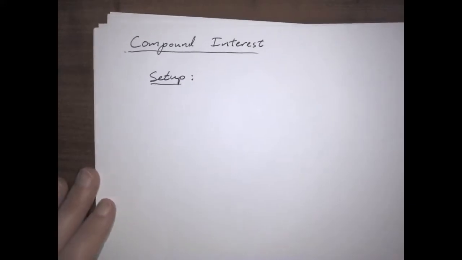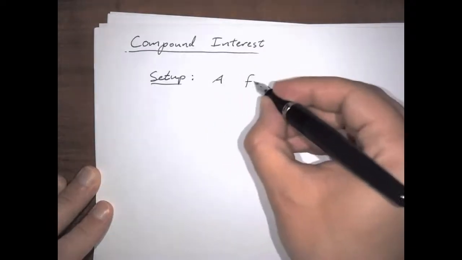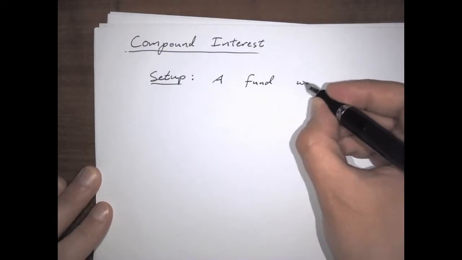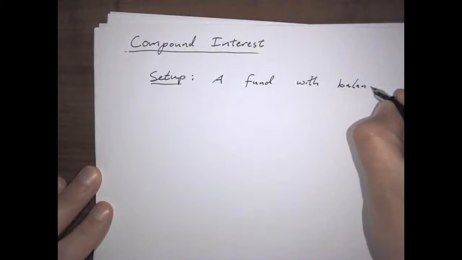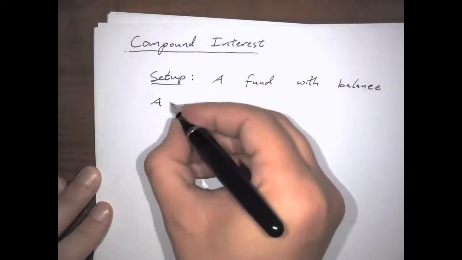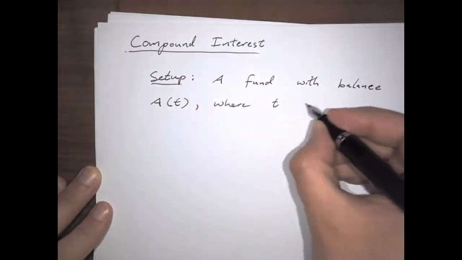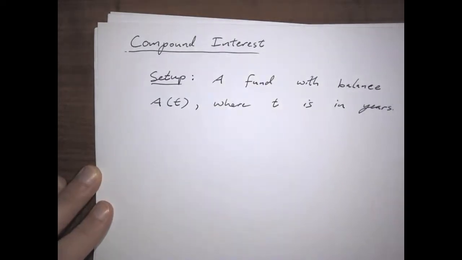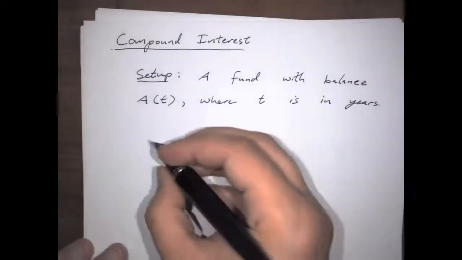Setup here is you have a fund, or maybe it's a debt, but we'll just say a fund, with balance A of t, where t is in years. So as a function of time, time is in years.